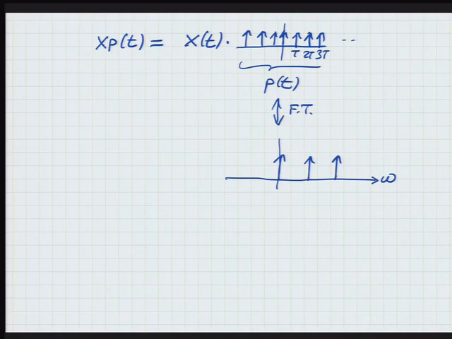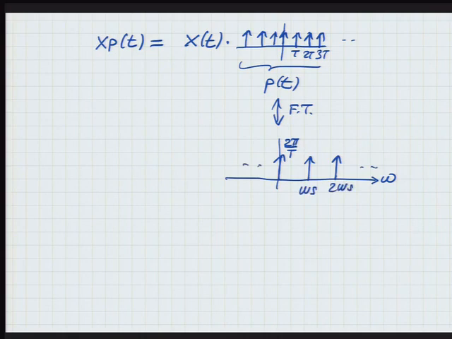So when you take the Fourier transform of an impulse train, it again is an impulse train, except that the amplitudes are now 2 pi by t, and they occur at, what is the fundamental frequency of the signal at the top, P of t? 2 pi over t, which is of course our sampling frequency. So this is omega s, 2 omega s, etc.